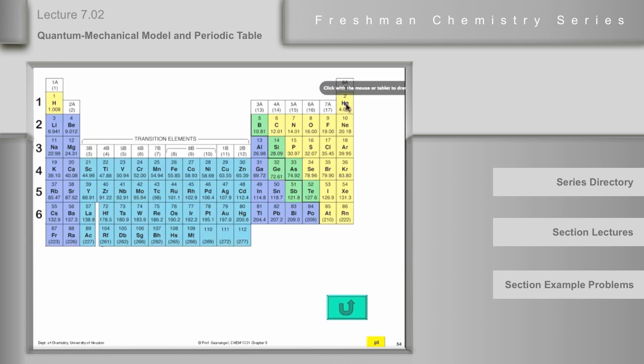So the first contribution would be 1s2, hydrogen, helium. The second period contributes 2s2, 2p6. Okay, and you see the method to my madness here. The third one would be 3s2, 3p6.